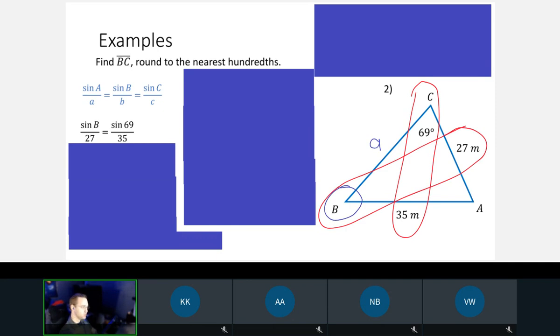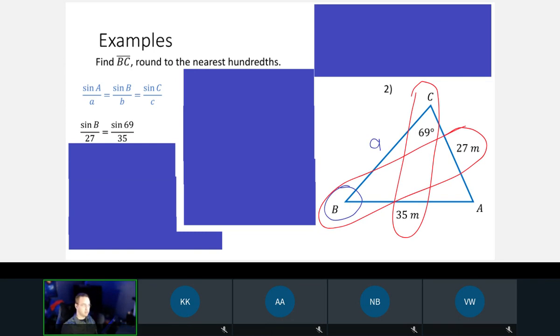Once you know your angle B, which we're going to find using the law of sines, we can find angle A, because what do all the interior angles of a triangle add up to? 180. Yes. So once you have angle B, you just do 180 minus 69 minus whatever angle B is, and then we'll have our angle A.